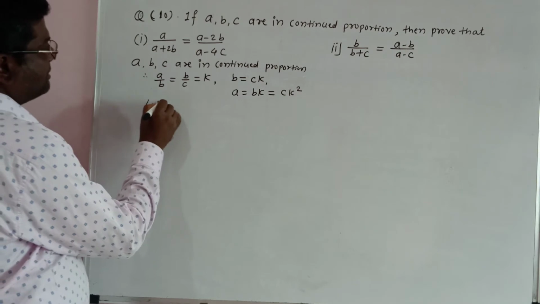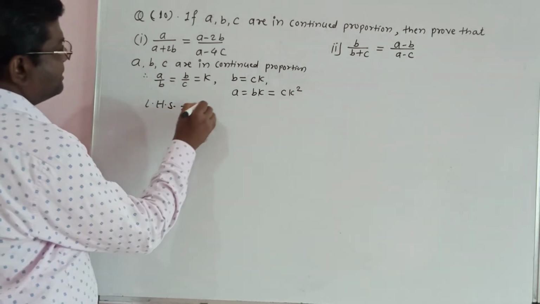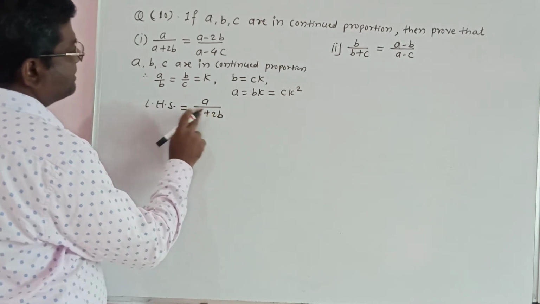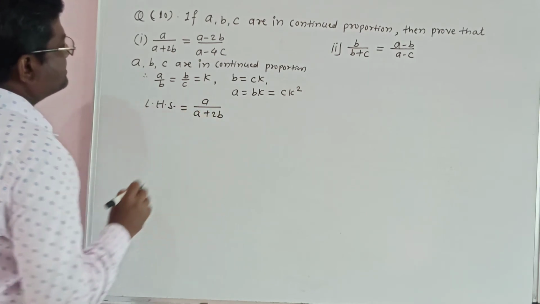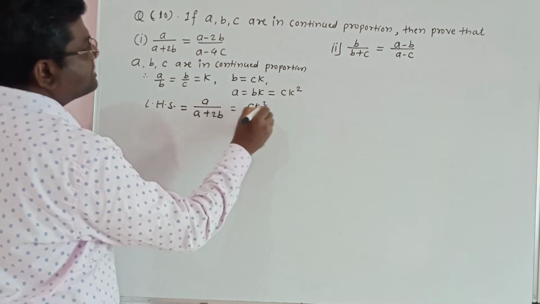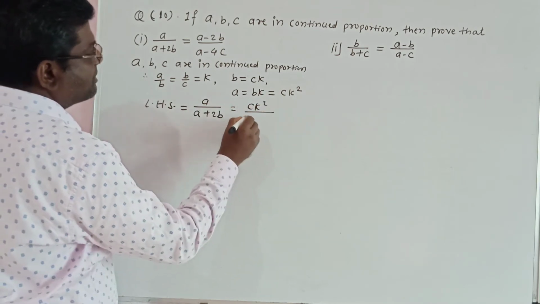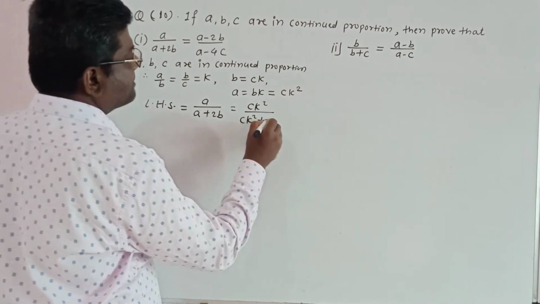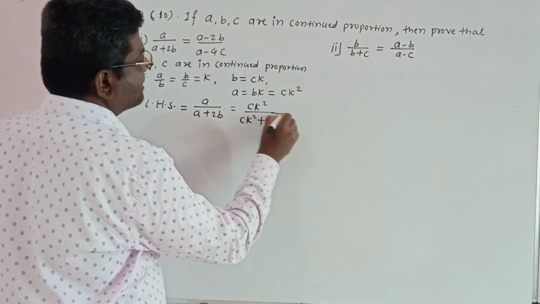Now let's solve. LHS is equal to A/(A + 2B). Put A = Ck², so it is Ck² upon Ck² + 2 into B, that is 2 into Ck.